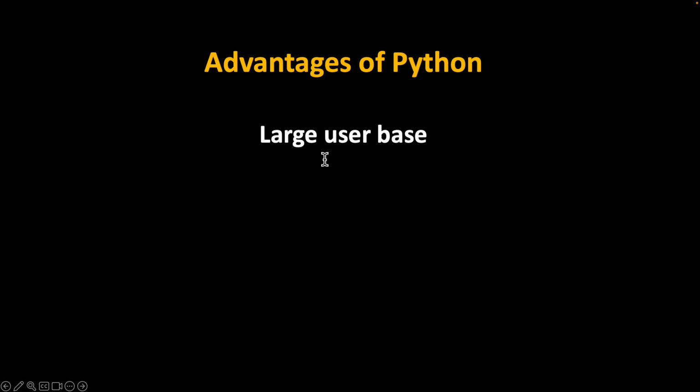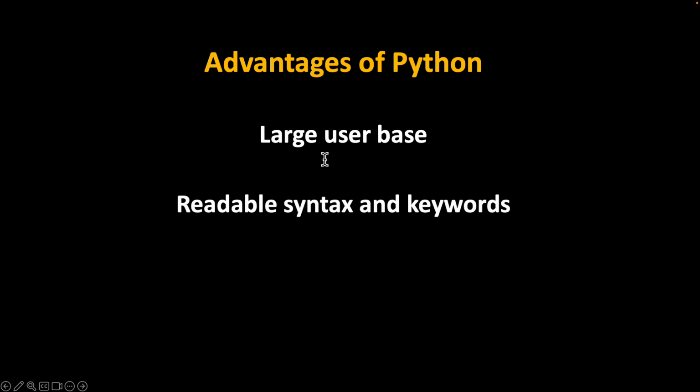Now, that being said, there are clearly advantages for Python, which is going to be what we're going to be using today. There's a large user base, which is always useful if you go into Stack Overflow, if you try to debug things, most likely somebody has come across the same issue. One of its most attractive features is the syntax and the keywords are readable.